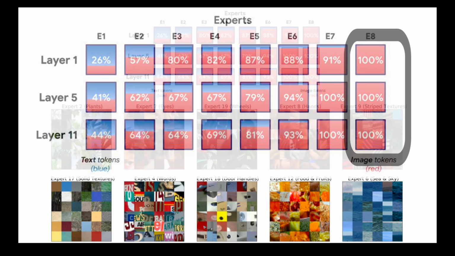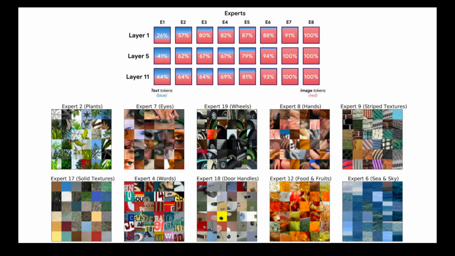Some of them are experts in hands. Some are experts in patterns such as stripe textures or solid textures. Some were focusing on individual items such as door handles, plants, or exact words in given images, or being experts in food and fruits, or wider patterns such as ocean and sky, and many more.